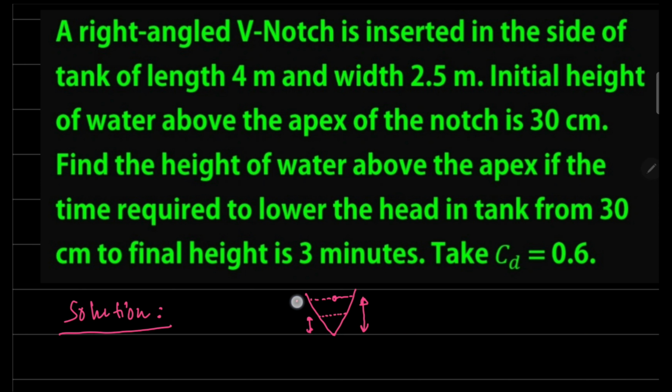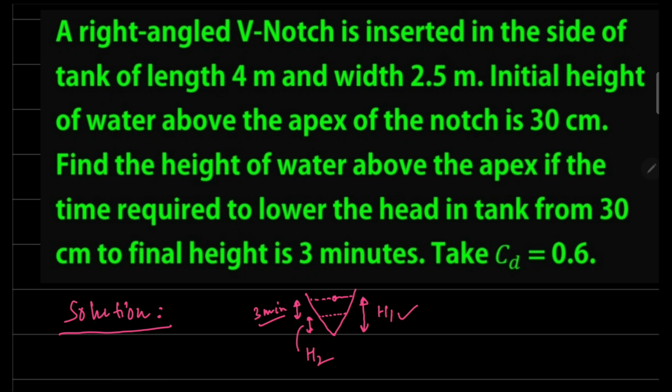In the 3 minutes, how much lowering of the water level will happen in the case of the V notch, that's what we need to find. So this value is your H1 and this value is your H2. So in this equation, H2 is unknown, and the H1 value is already given to us.